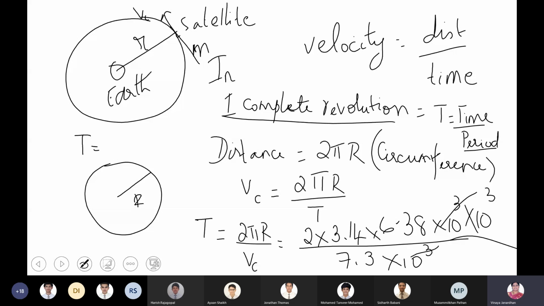Fine. Then in that case, tomorrow we'll continue this numerical. We'll go back once again to finding the expression for the time period, then the height of the satellite, and then we'll do one more numerical on the height of the satellite. Just calculate, boys.